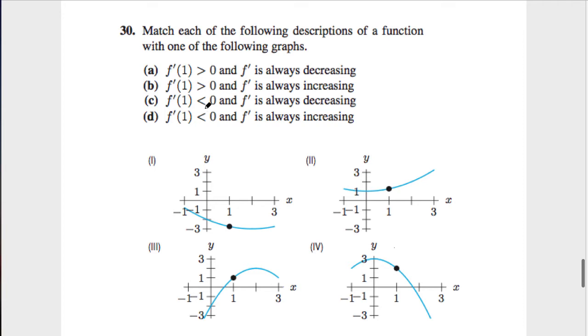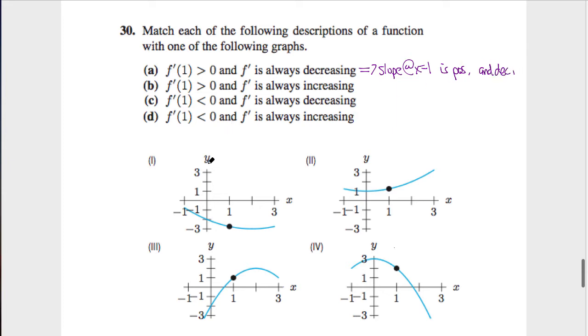So the derivative at 1 is positive implies that the slope at x equals 1 is positive. Then the value for this is always decreasing. So the slope at x equals 1 is positive, and the slope is decreasing.